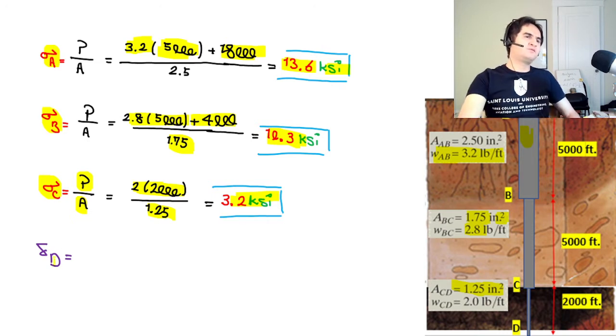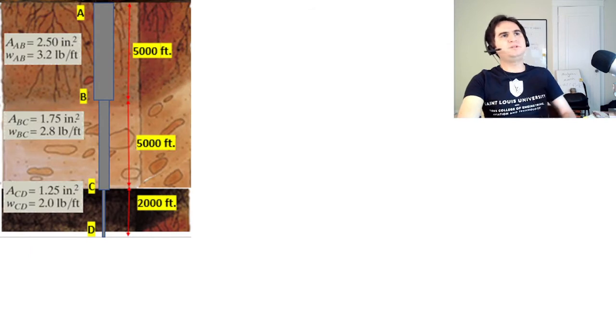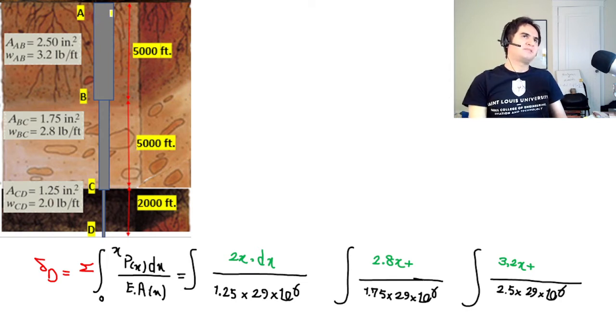And then for delta D, the elongation at the far end D, let's do it. The interesting part about this is that we have three separate blocks, so that's a summation, and each of them has a unit weight, so that's an incremental, continuous loading.